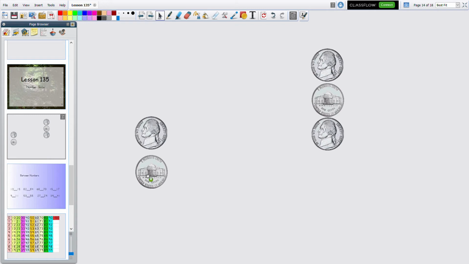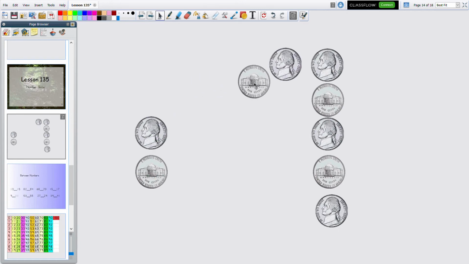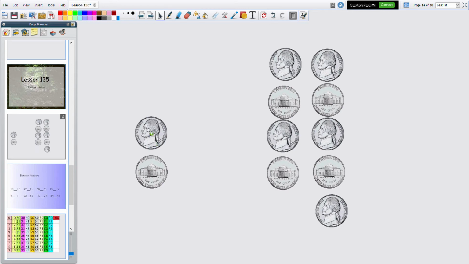Let's try this. 20, 25, 30, 35, 40, 45, 50. Oops, 50. Okay, so we're going to count these. 5, 10, 15, 20, 25, 30, 35, 40, 45, 50.